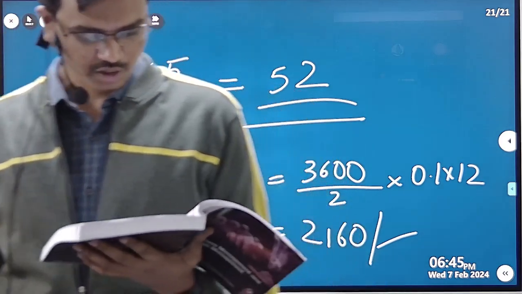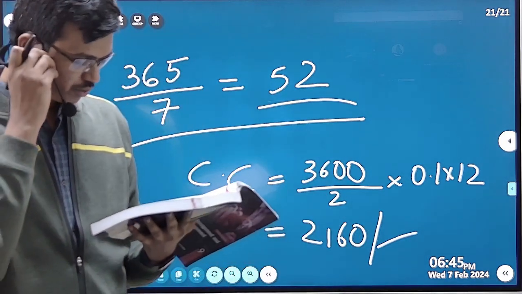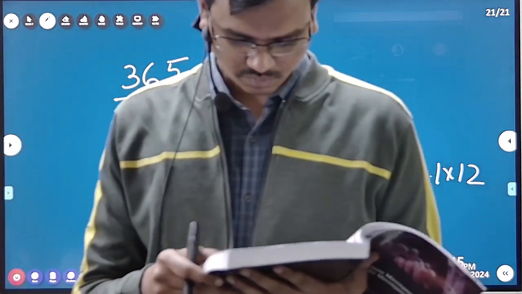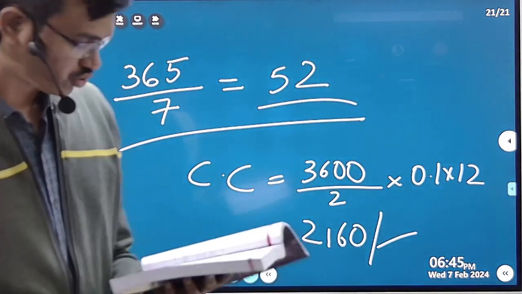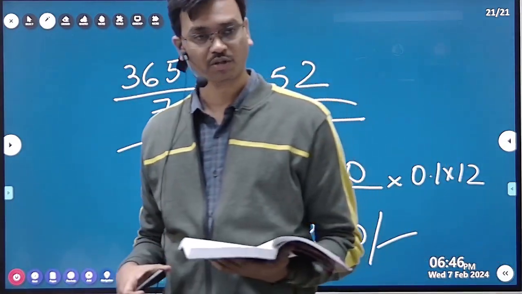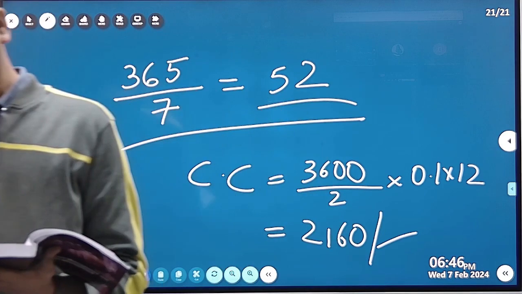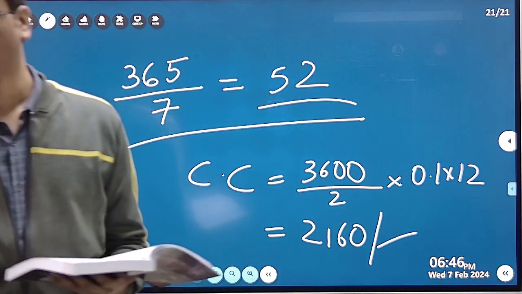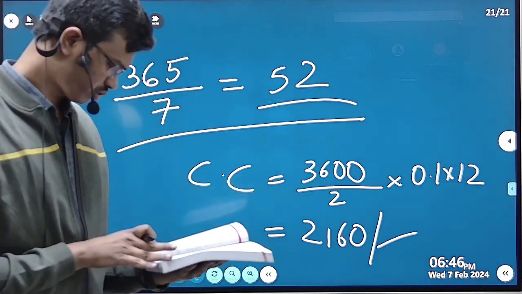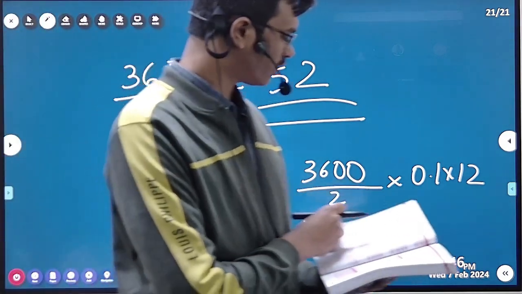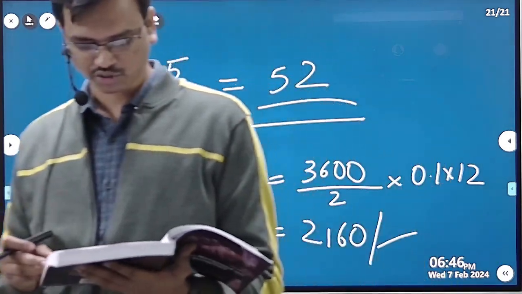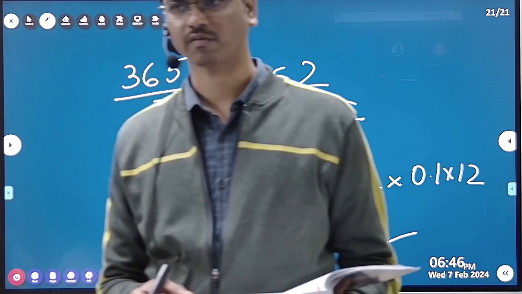Now he says find out the range of annual production sales volume for each location. So he has given you the variable cost, the fixed cost and the revenue, and he says find the range of production sales volume for each location, and he has taken ranges of 5,000, 10,000, 15, 20 and 25.